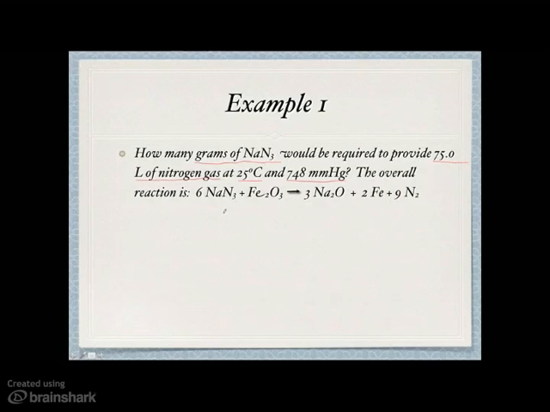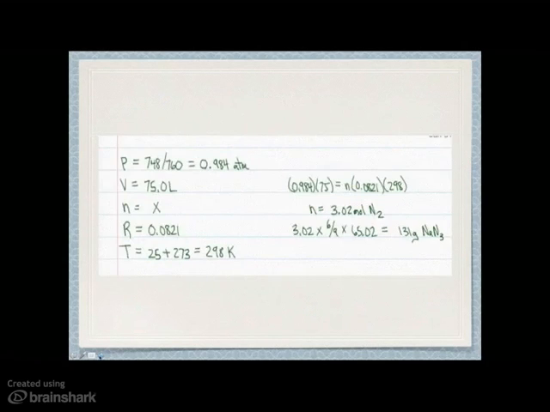Probably the easiest way is, since you have a volume, a temperature, and a pressure, why not use the ideal gas law? You can solve for n, the number of moles. That number of moles will be the moles of nitrogen gas. Then, using your knowledge of stoichiometry, you can figure out the grams of NaN3. Let me show you that right now.